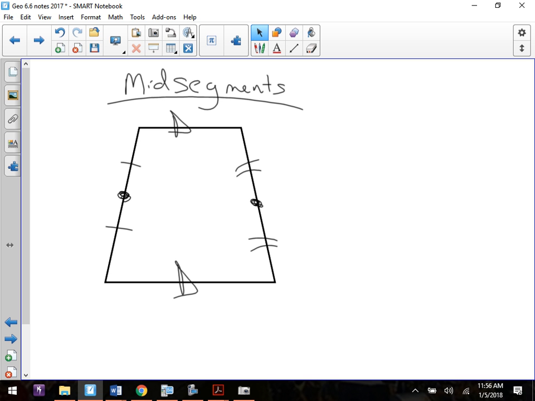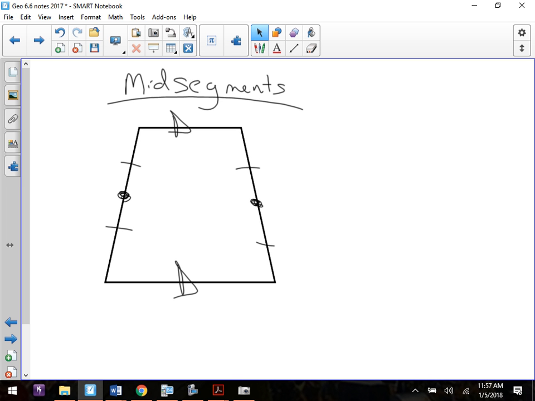Non. That picture right there is non because look at how the tick marks are. See how one segment has one tick mark, the other one has double? That means that those two aren't the same. If it was an isosceles, these would have been all the same. Does that make sense? It's just drawn differently. I'm just trying to show you that it works for both types.